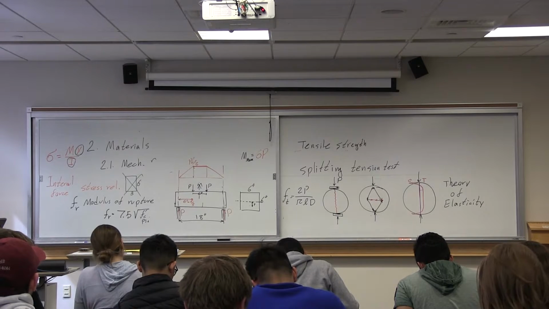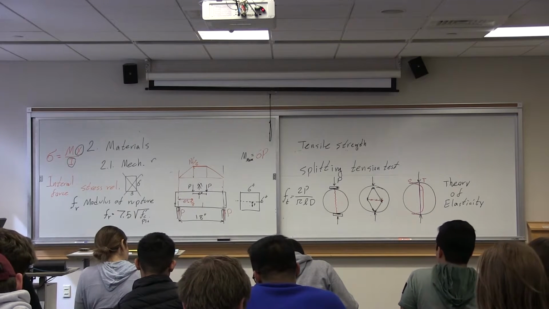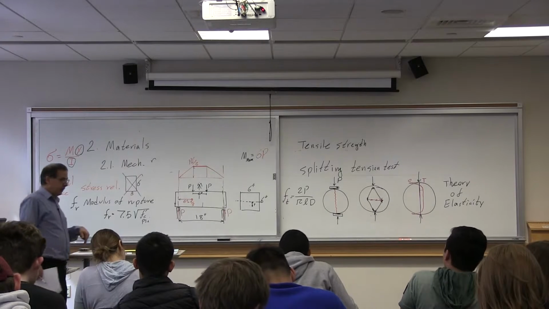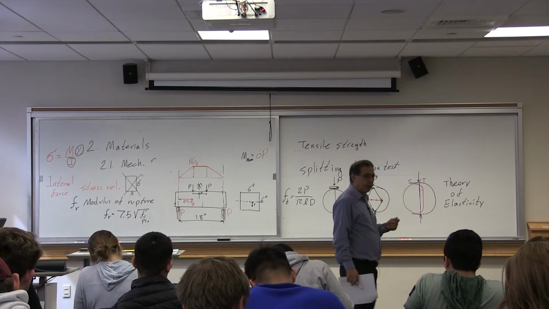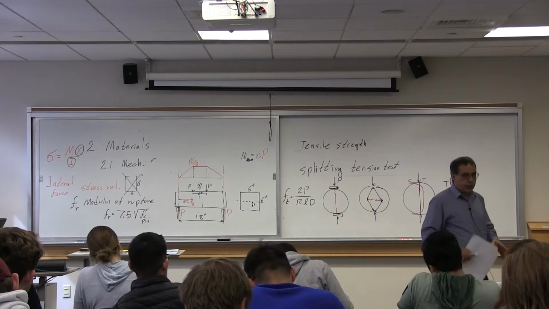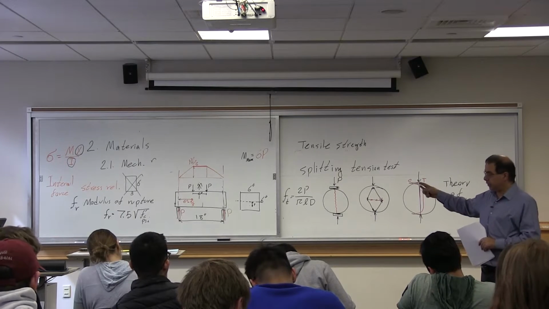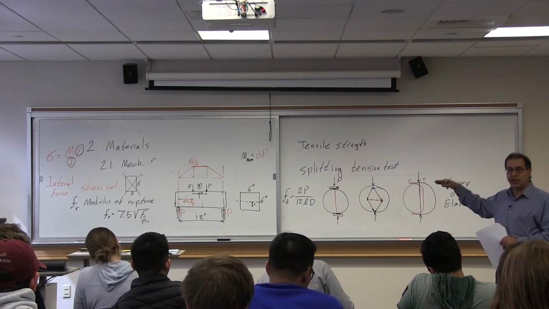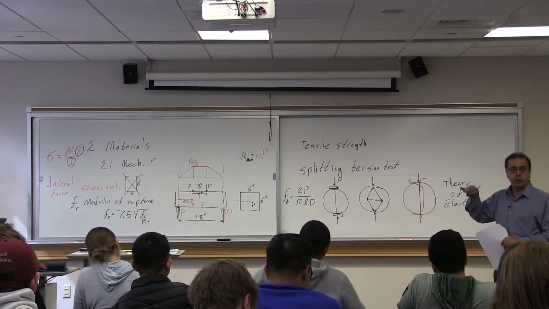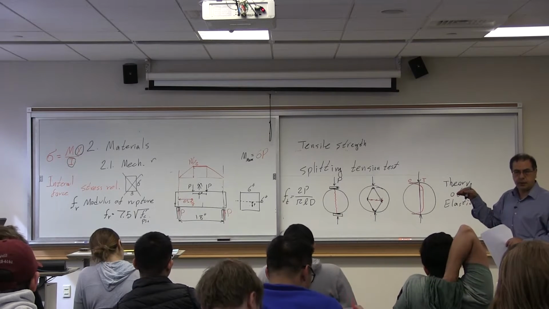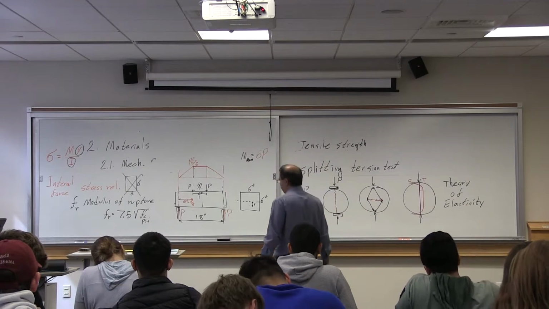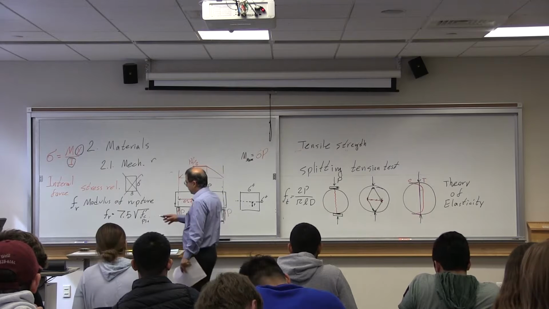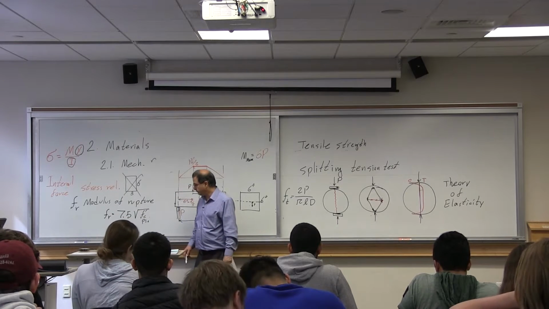In ACI, whenever you see f prime c, you will use PSI, not KSI. You cannot use KSI here because this relationship is not linear. Therefore, it's unit dependent, so always use PSI. So you use PSI and you calculate it.